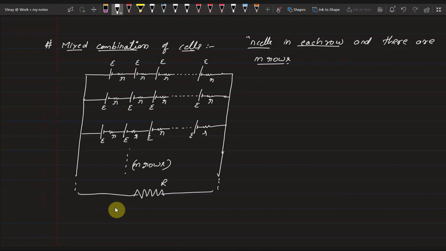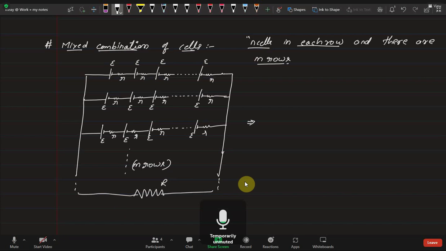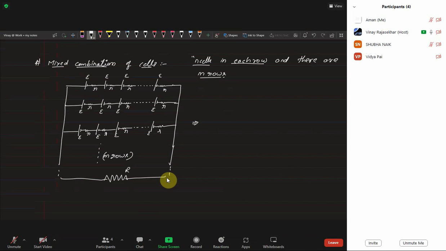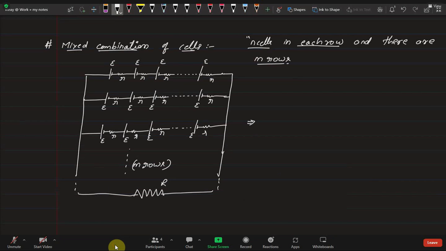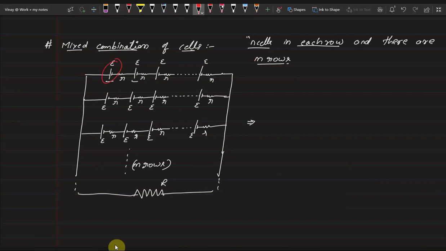All these things we are going to discuss now. Tell me, students, in each row how many cells are there? N cells, right? Now what is the effective EMF of all these n cells? All have the same EMF E. So what is the effective EMF?